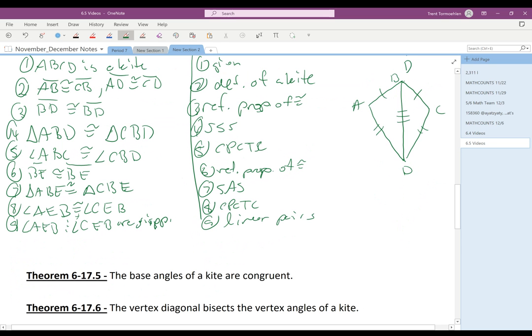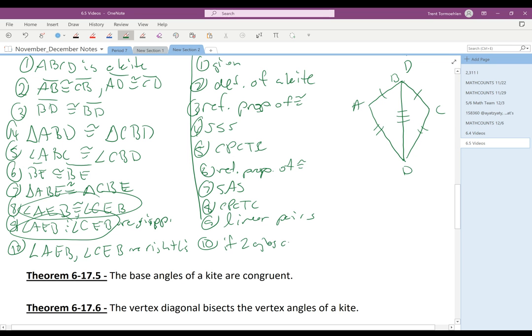So we've shown that AEB is congruent to CEB and supplementary to CEB. That tells us that angle AEB and angle CEB are right angles, because if two angles are congruent and supplementary, then they are right.